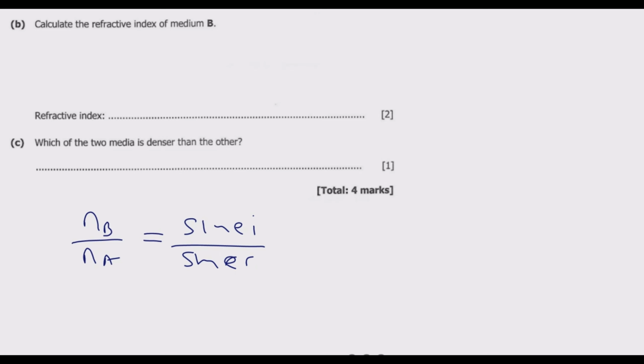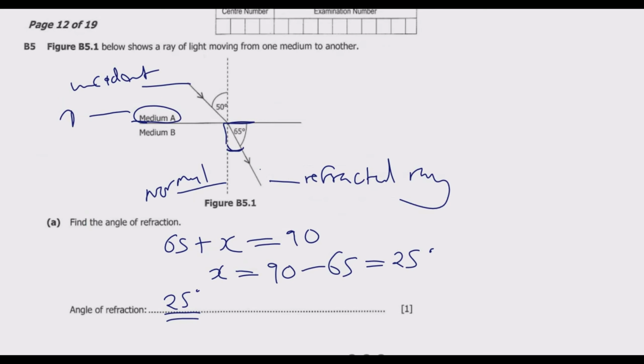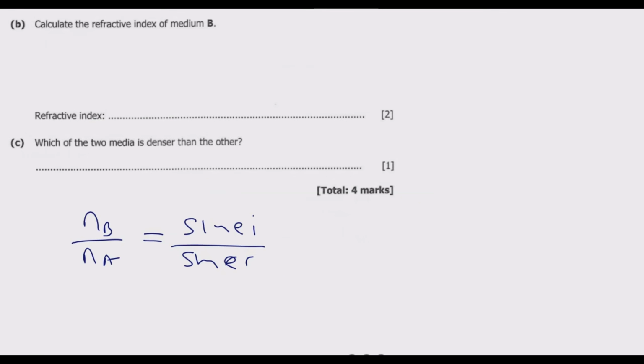From the information, we know the incident ray is this, which is I. Then this is the angle of refraction we just found. The only way we are able to find it is to assume that the refractive index of A is 1, such that our equation becomes simple, because 1 times anything is that thing.